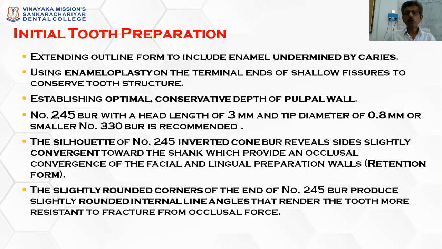You have slightly rounded corners at the end of the 245 fiber. It helps to produce slightly rounded internal line angles and renders the tooth more resistant to fracture from occlusal force.